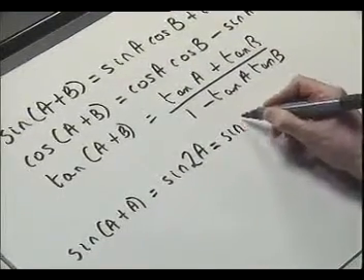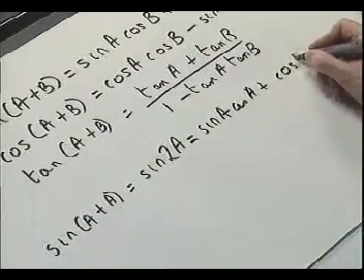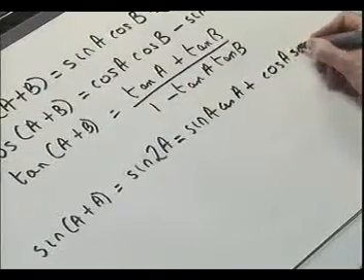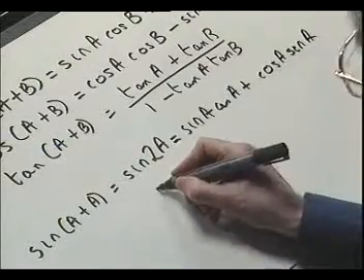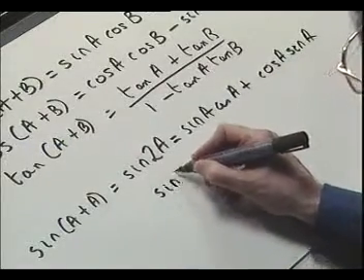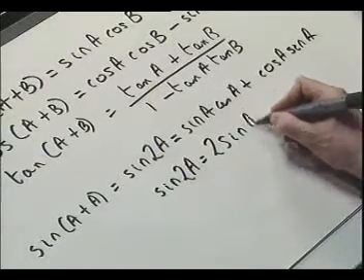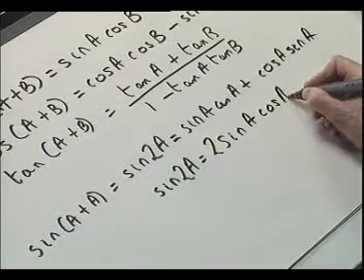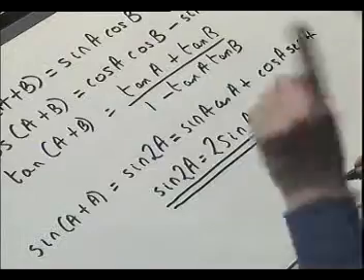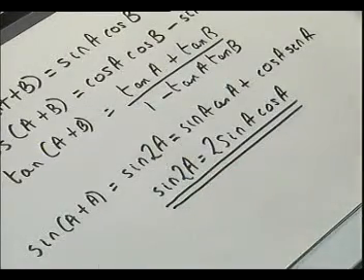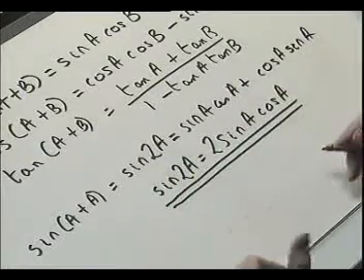Well, it gives us sine A cos A plus cos A sine A. In other words, these two are the same, so we can just add them together. So sine of 2A is 2 sine A cos A. And that's our first double angle formula. Double angle because it's 2A. We're doubling the angle. So what is its sine, and so on.